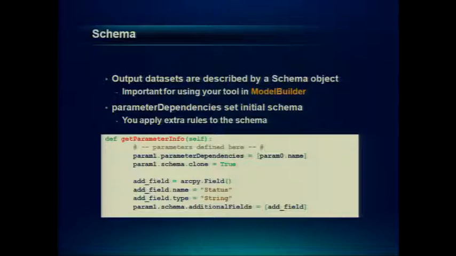Now, when you're working with tools and parameters, every tool always has an output. You must have an output. Yeah. If you don't have an output, you can't use it in ModelBuilder because people can't chain. That's a good point. And ones that are output datasets are particularly important, right?